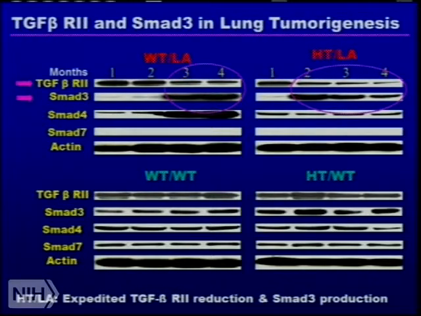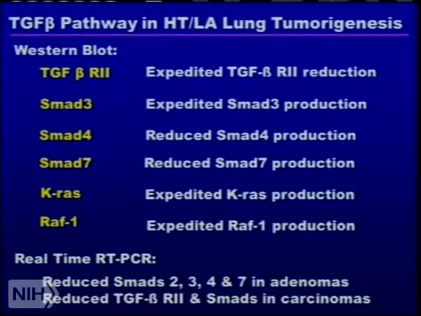Now, rather than show you several Western blots, I put this all together for you. So essentially, using Western blot analysis, we see in the TGF-beta1 heterozygous KRAS latent activatable mouse expedited reduction of the type 2 receptor protein and expedited production of the SMAD3 protein.